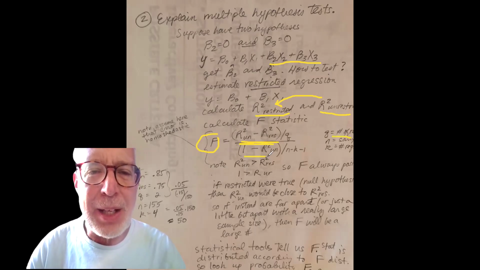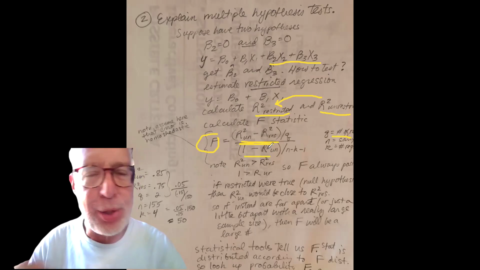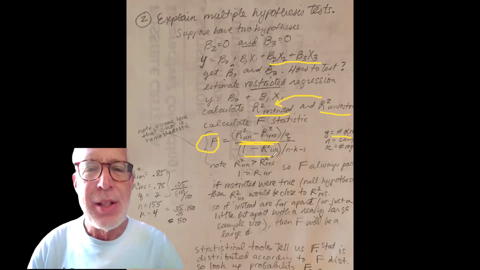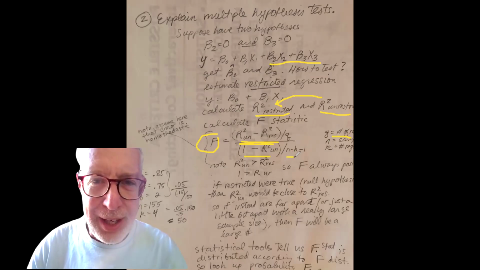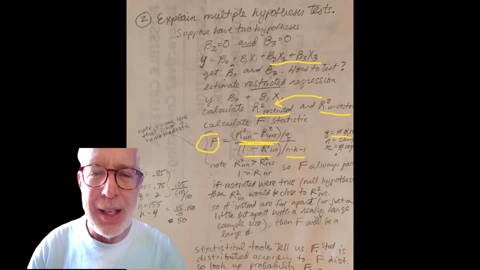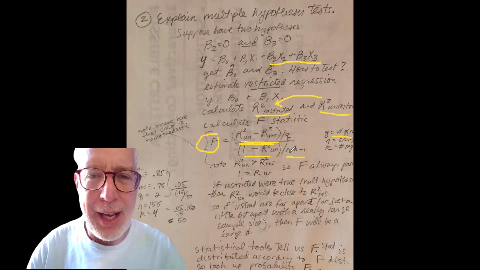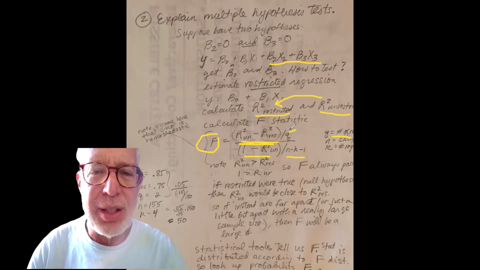And then the denominator, we put 1 minus, remember the R-square varies between 0 and 1, so we put 1 minus the unrestricted R-square, and that in turn divided by n minus k minus 1. N is the sample size, k is the number of regressors. So Q here is the number of restrictions, k is the number of regressors.